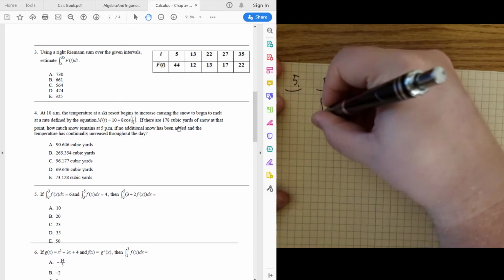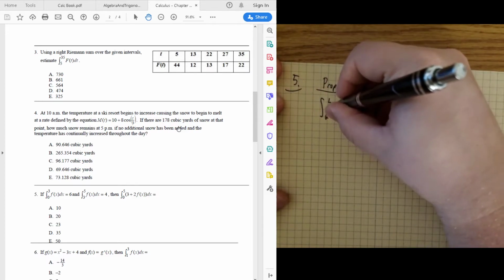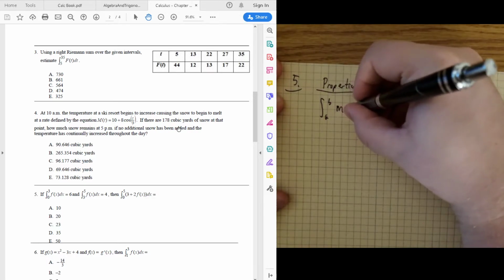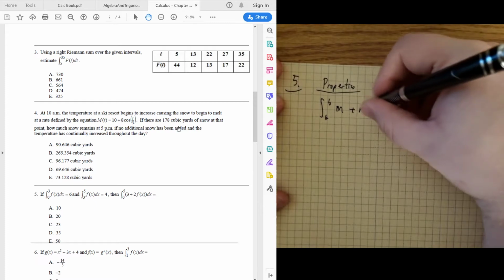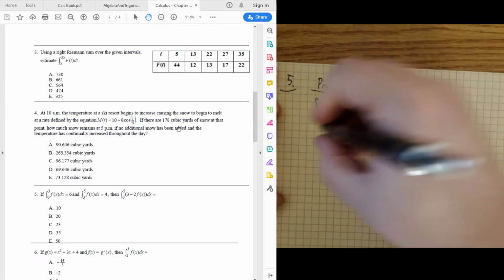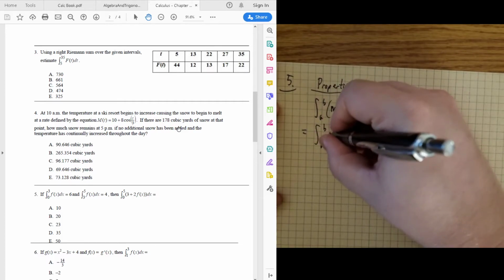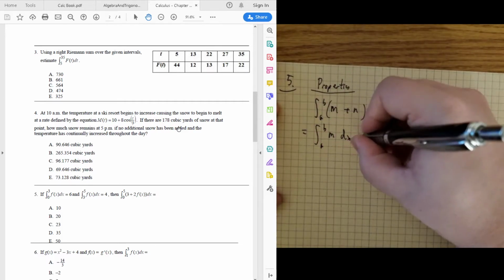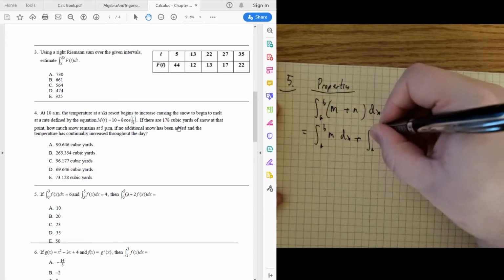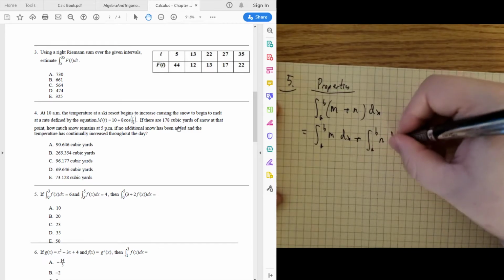Remember, one property you should know: you have the integral from a to b of, let's say, m plus n dx. If that's the case, you can always split this into the integral from a to b of m dx plus the integral from a to b of n dx.